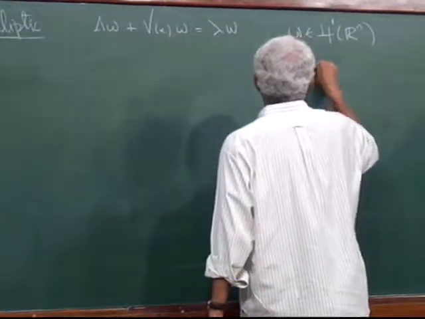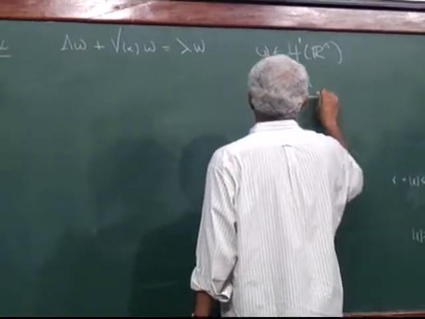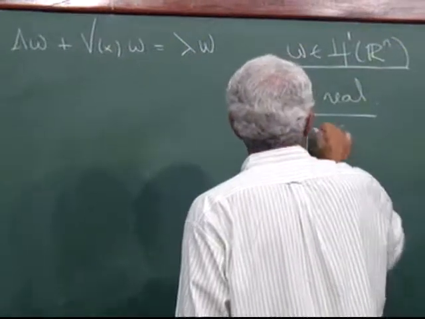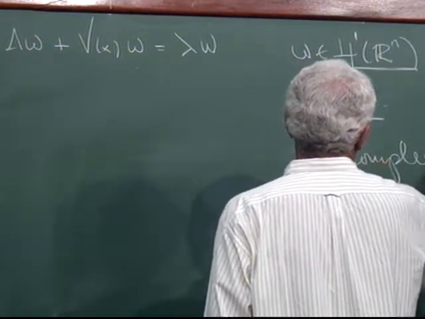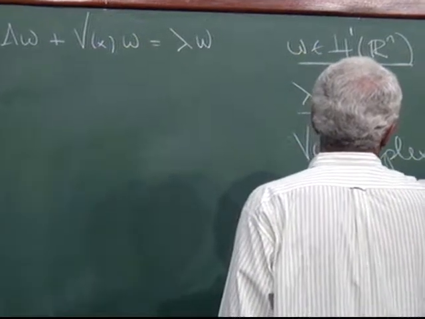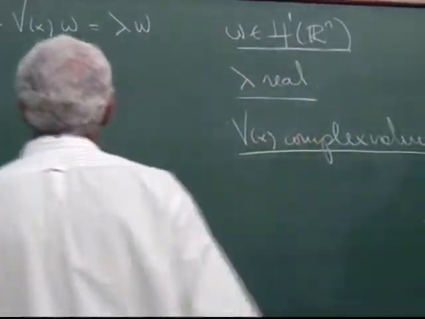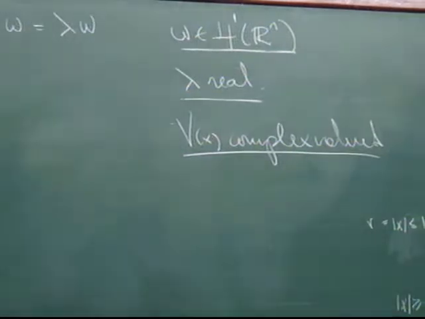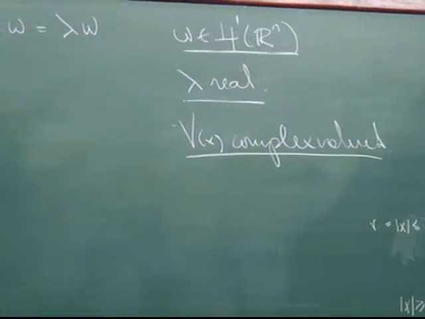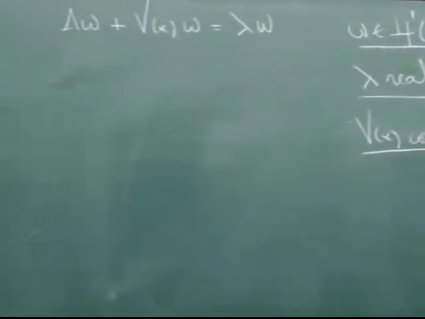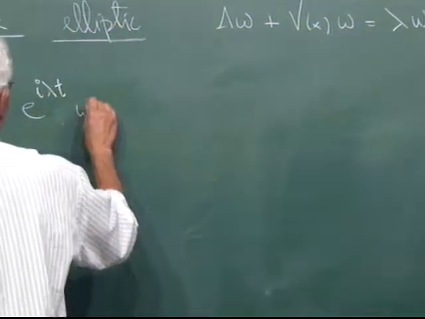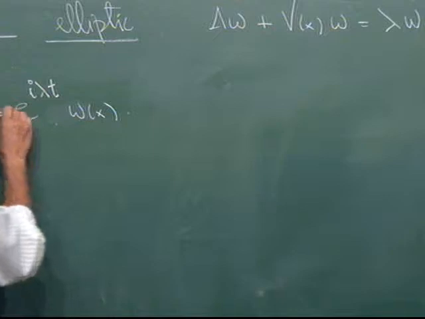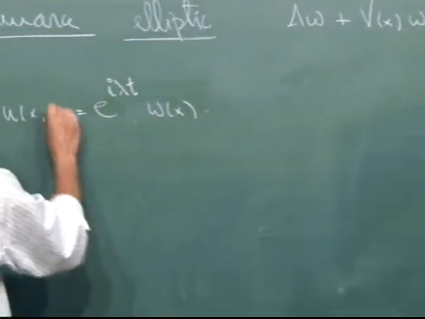Suppose that lambda is real, and suppose that B is complex valued. You have this eigenvalue problem. Then, if you solve this problem.